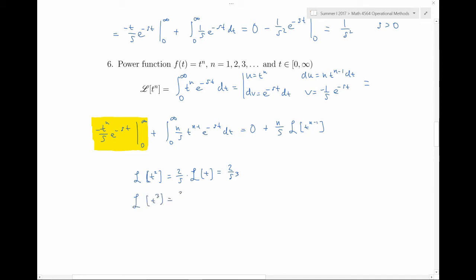Well, that's going to be 3 over s times the Laplace transform of t squared. That becomes 6 over s to the 4th. What about the Laplace transform of t to the 4th? Well, that's going to be 4 over s times the Laplace transform of t cubed, and that becomes 24 over s to the 5th.